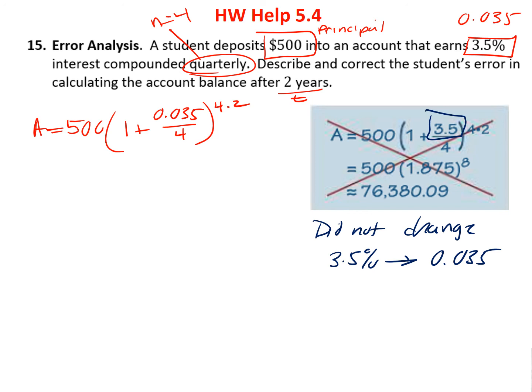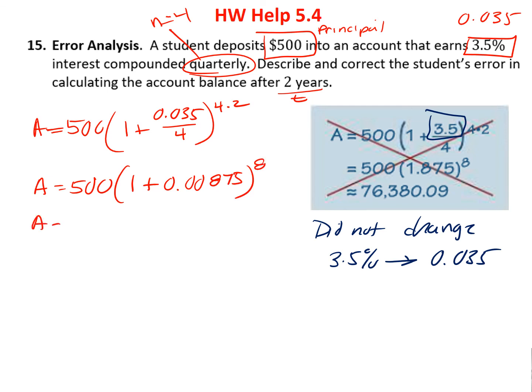So if we finish the problem here, if I take 0.035 divided by 4, that's going to be A equals 500 times 1 plus 0.00875 to the 8th power.